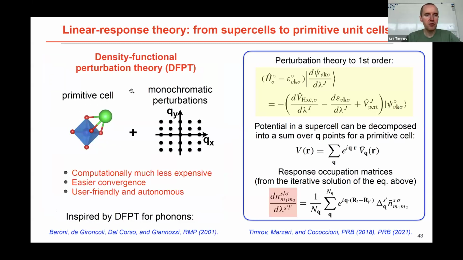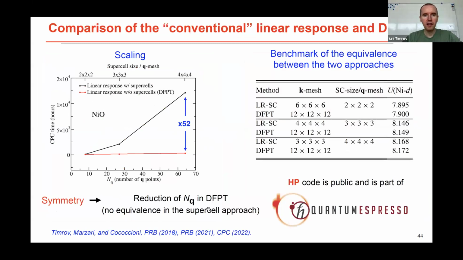So the main idea is that you use primitive cells in combination with monochromatic perturbations, which is computationally much less expensive, easier to converge, user-friendly and automatic. And to show you why it is better, on the left is the scaling, basically the computational cost. The black line shows you the scaling if you use the old approach with supercells. You see it goes up very quickly with the size of the supercell.